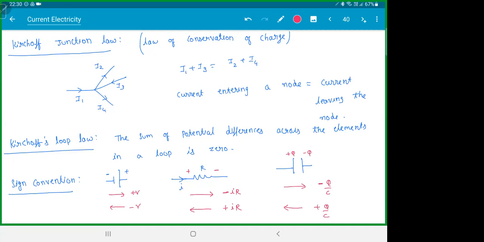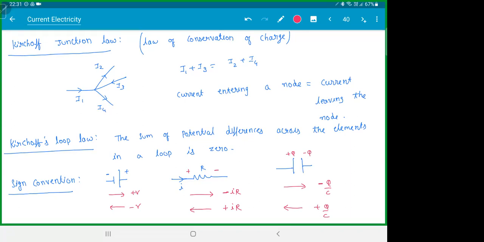Check this out. So capacitor, resistor, battery. These are the three things. The idea is simple. Whenever you go from higher to lower potential, potential drops. So in case of a resistor, current will always flow from plus to minus. So if you go with the current, potential will drop.